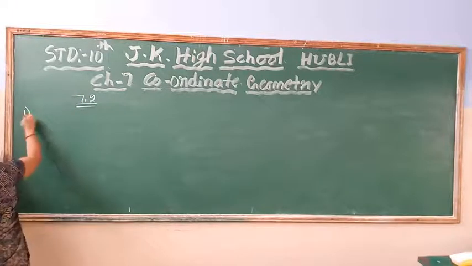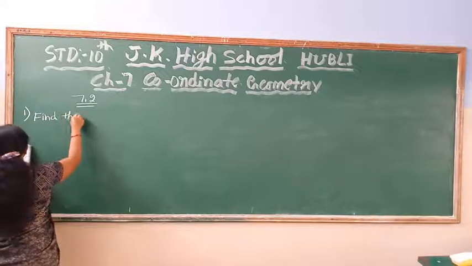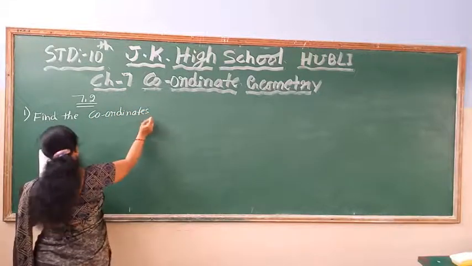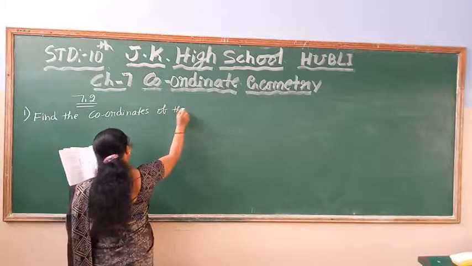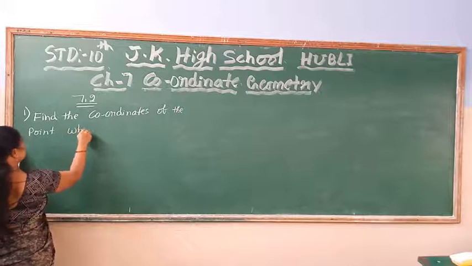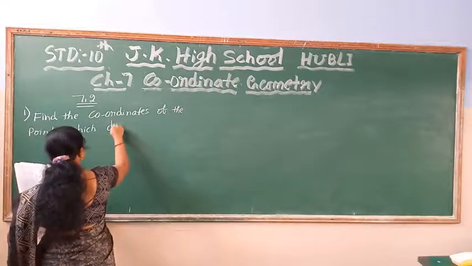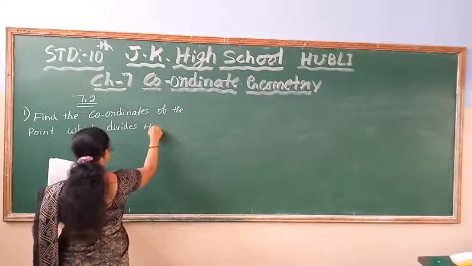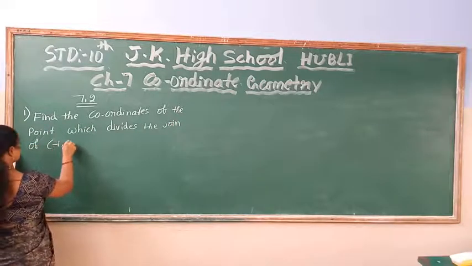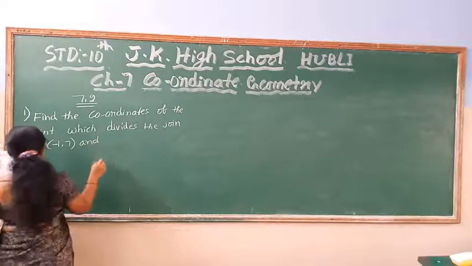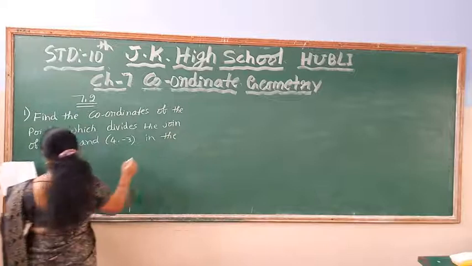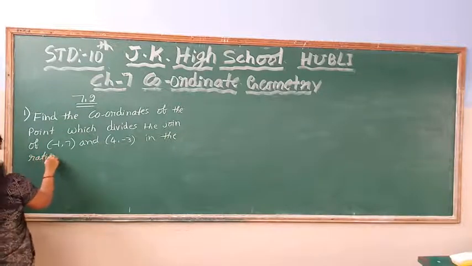First question is: find the coordinates of the point which divides the join of (-1, 7) and (4, -3) in the ratio 2:3.